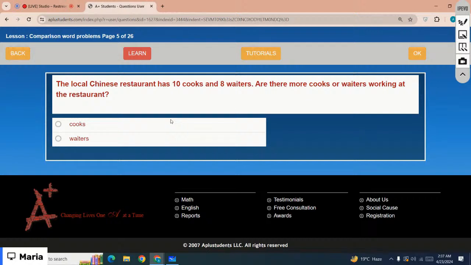They have more cooks. The correct option is more cooks they have.